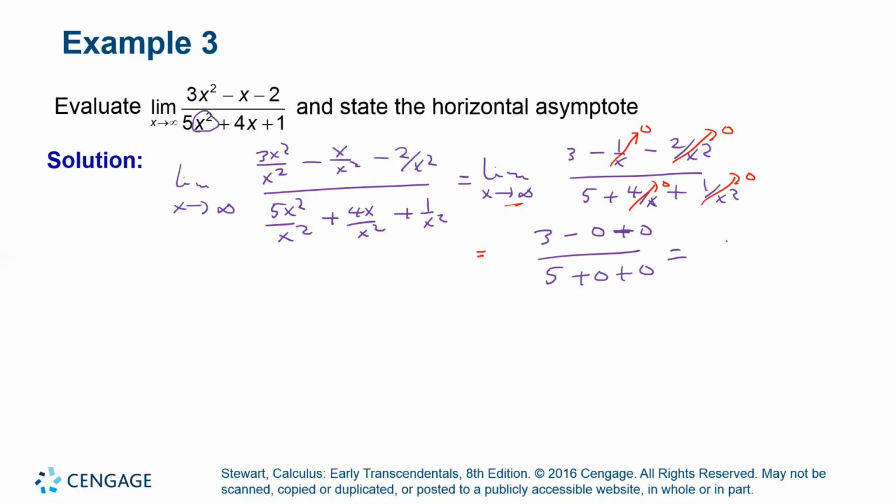So the answer is 3 over 5. Therefore, the horizontal asymptote is the line y is equal to 3/5. That's my horizontal asymptote.